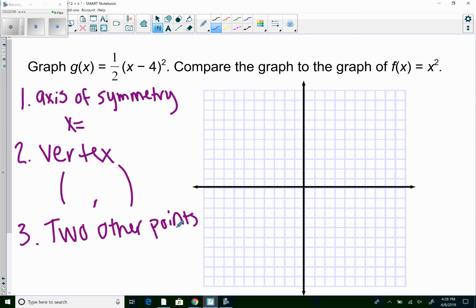Only 3. You need your vertex, and then you need 2 more that will help you develop the shape of the graph. A lot of times, I'm going to steer you in the direction of trying to find the y-intercept. That's probably going to be one of the 2 points that I ask you to find because it's super easy to find the y-intercept a lot of times. And then the second point, you're just going to use the symmetry.